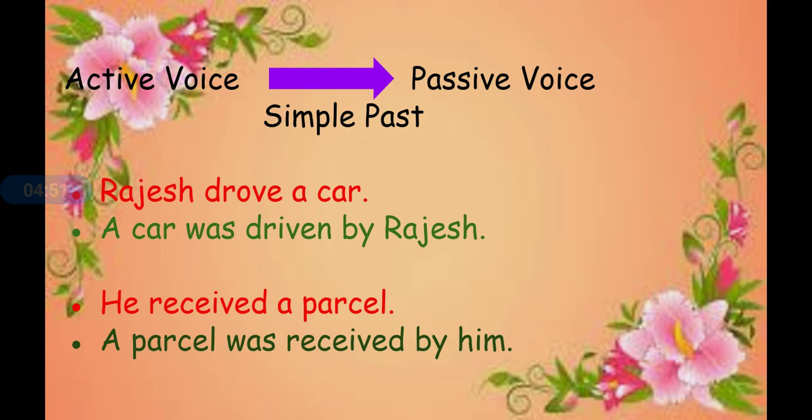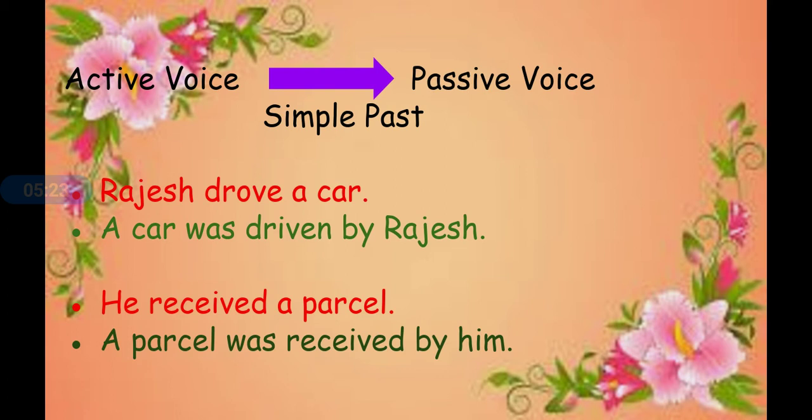And while converting from active to passive voice, we have to make object as subject. A car will become the subject and if this is singular, we should use was and if it is a plural, we should use were. And after that, we have to use past participle form of the verb. Remember, always we have to use past participle form of the verb in the passive voice. So, a car was driven by Rajesh.